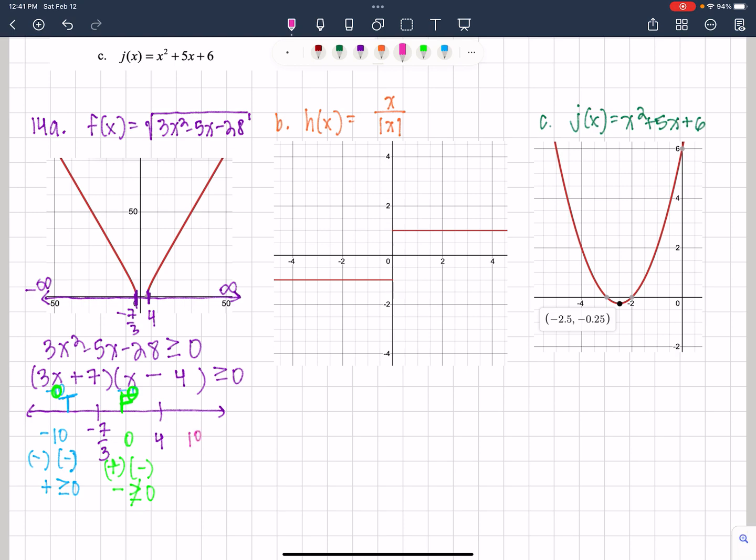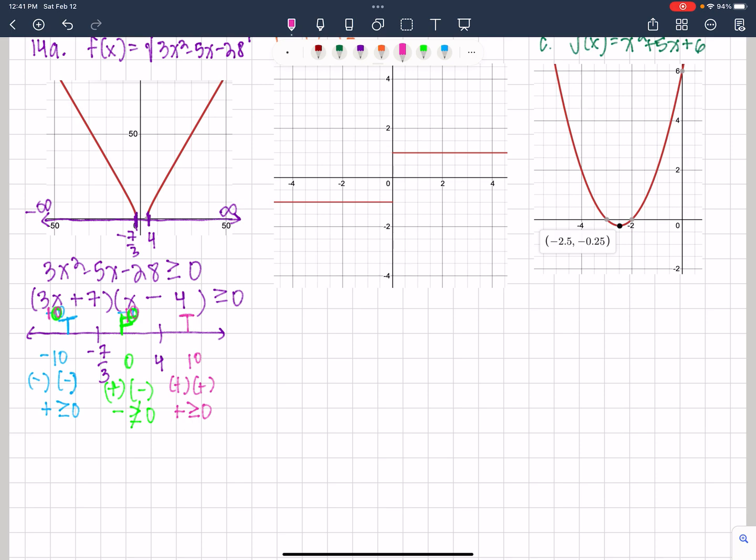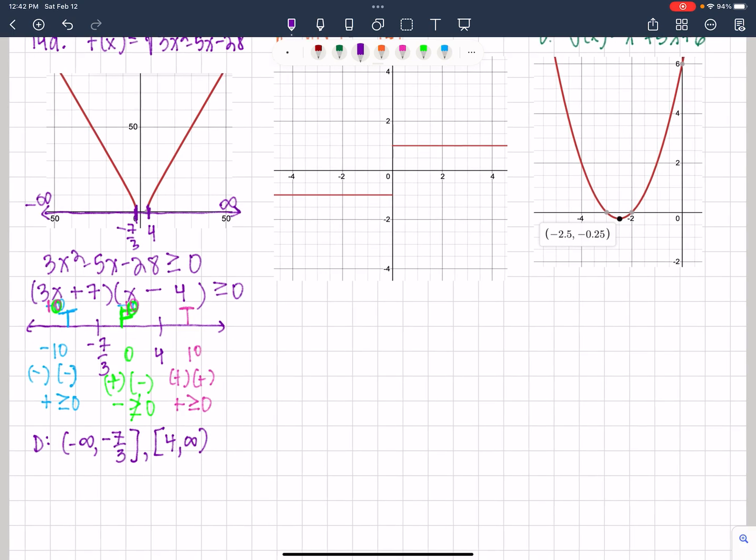We put a 10 in, and we're going to end with a positive times a positive, and that is a positive, which is greater than or equal to 0, so that will be true. So our domain goes from negative infinity to negative 7/3 and 4 to infinity. So those are the two intervals that encompass the domain.